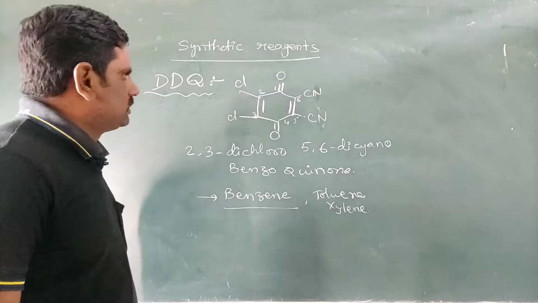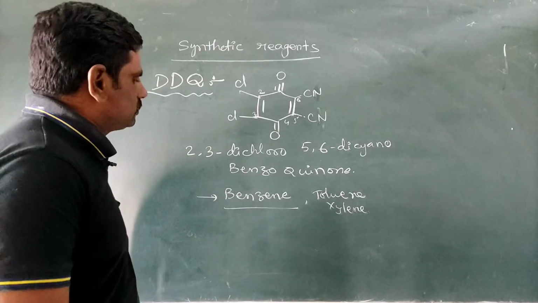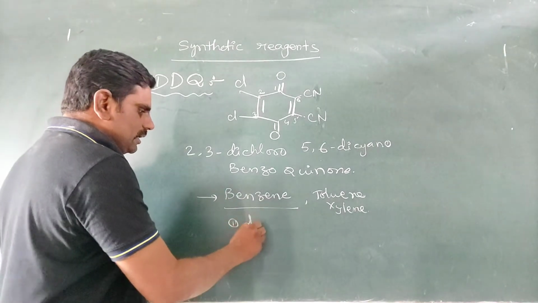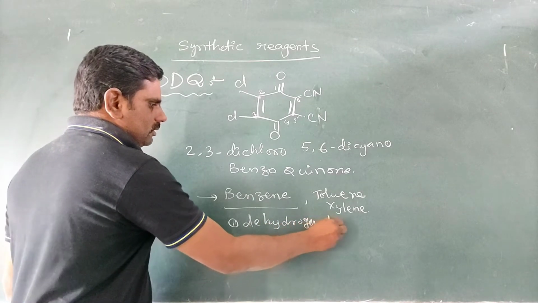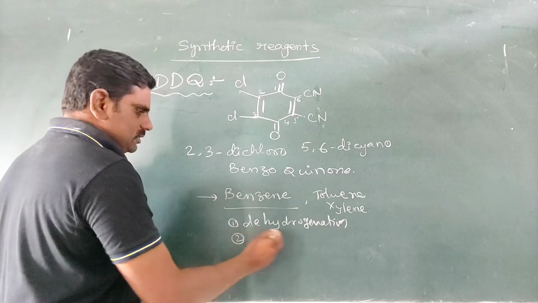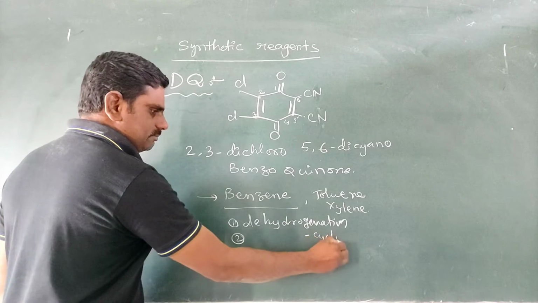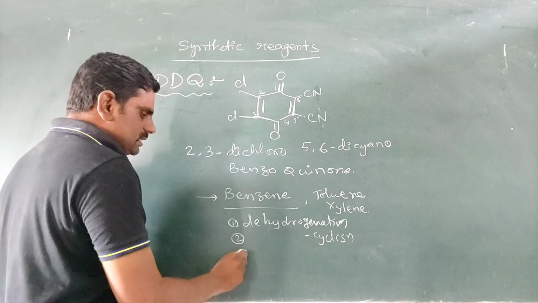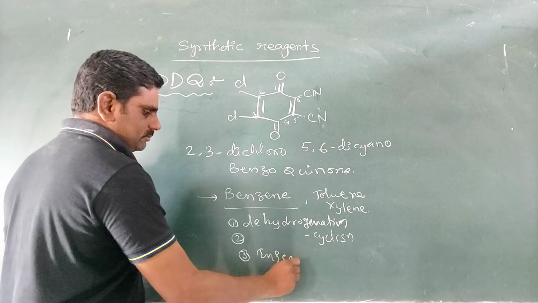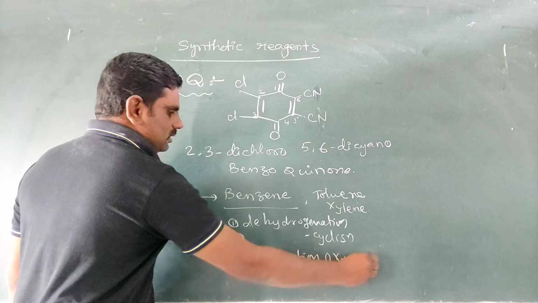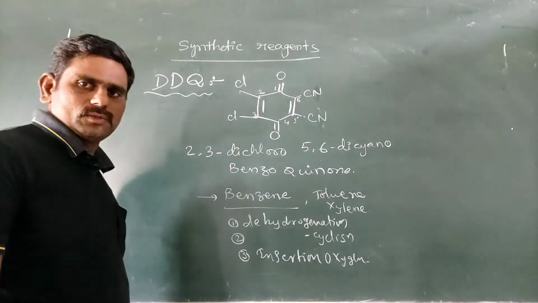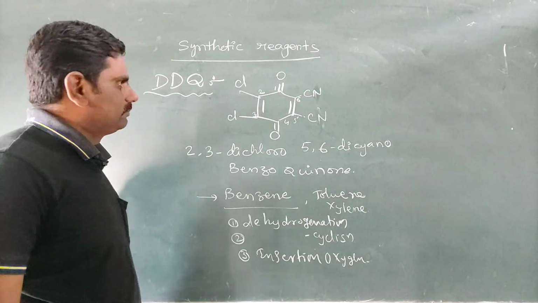Now, what are the applications of DDQ? The applications are dehydrogenation and cyclization, insertion of oxygen. So, these are the applications of DDQ. We will discuss them one by one.